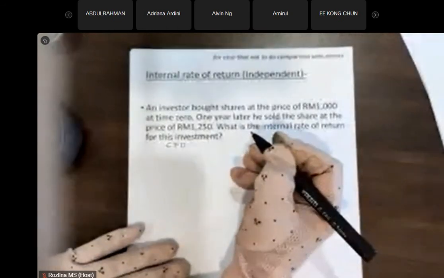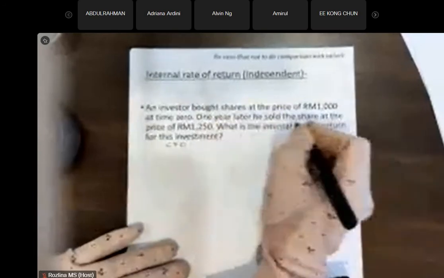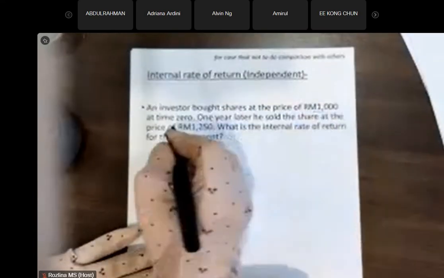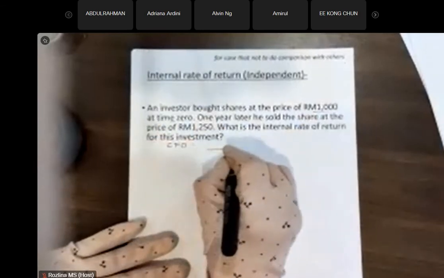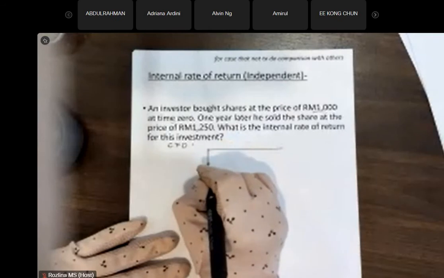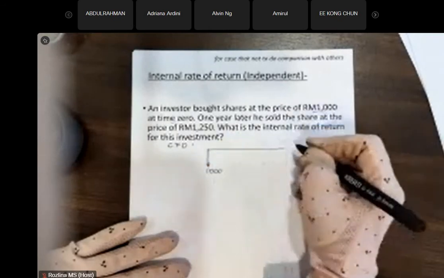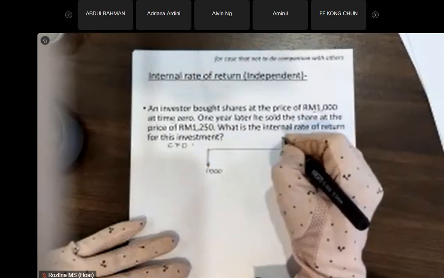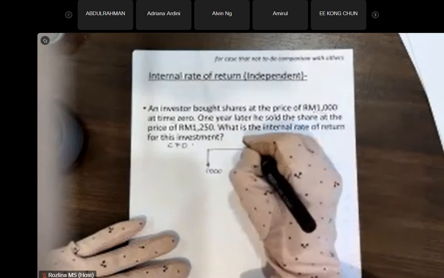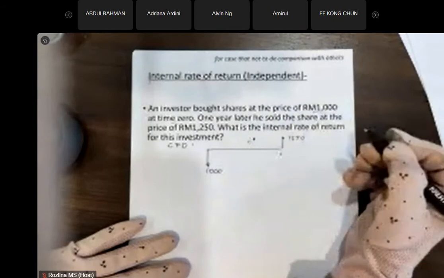How does it look? Investor bought shares at the price of 1,000 at time 0. That means you have something here: invest 1,000, and you plan to get after 1 year later 1,250. So what is the I that you can suggest?